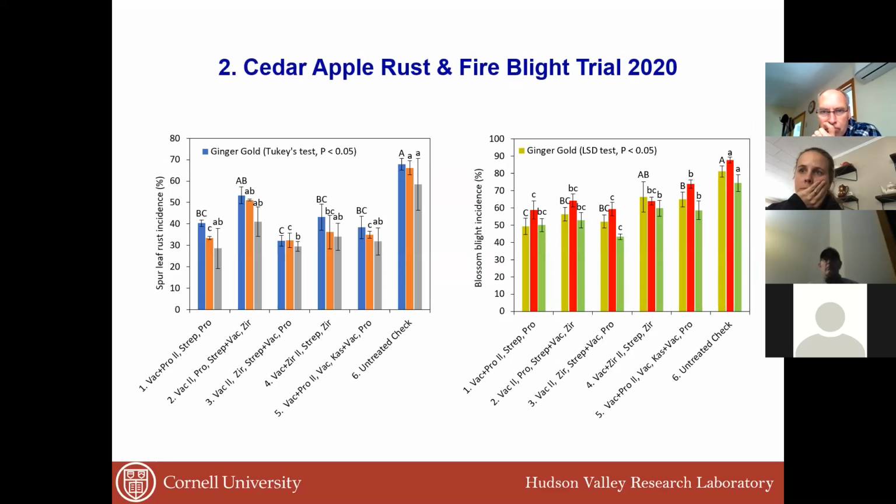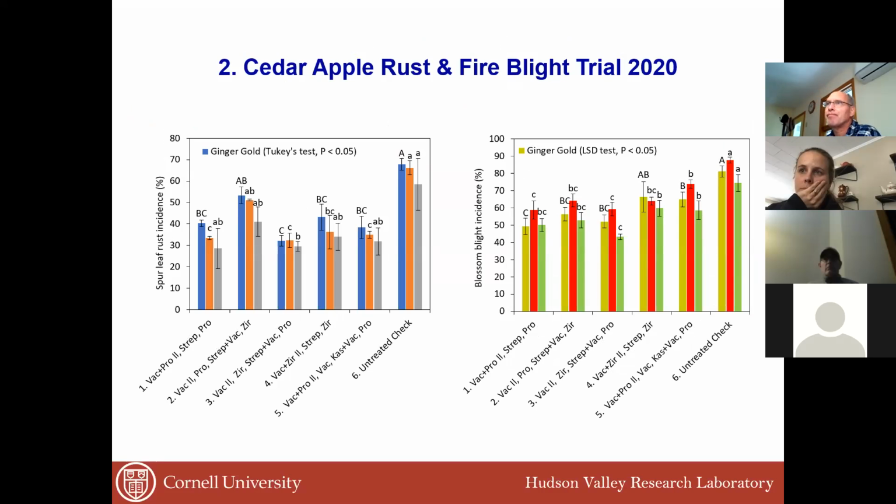And then in terms of fire blight, you can see here the infection and the effect on fire blight. On the graph on the right, for blossom blight, there was just no difference between the treatments overall, except treatment 1 was doing the best.